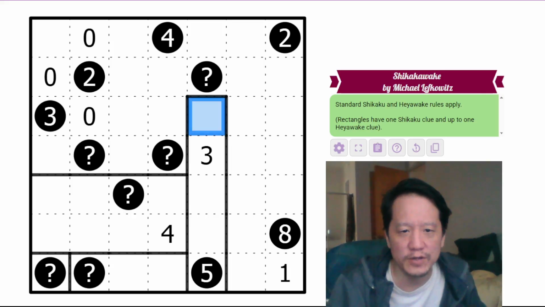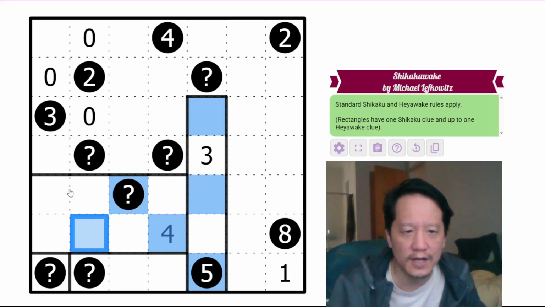Shading would have to be these cells for this, and shading here to not have any edge. I guess you could have a 9, but the problem is with any 9, you're going to have multiple black circles in them. And that's not allowed.